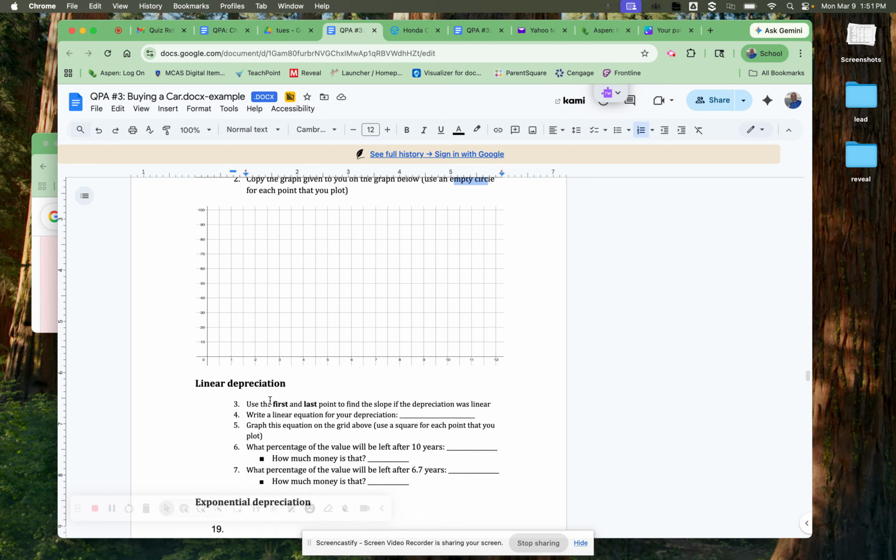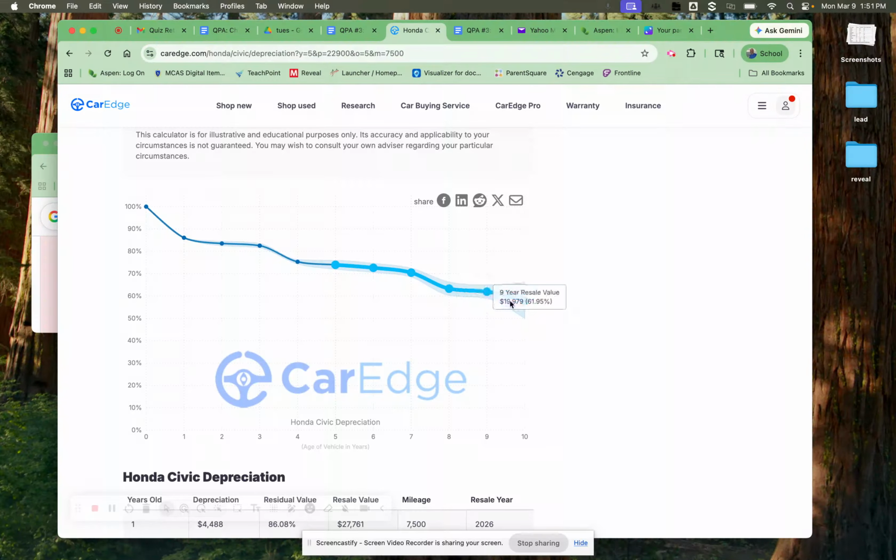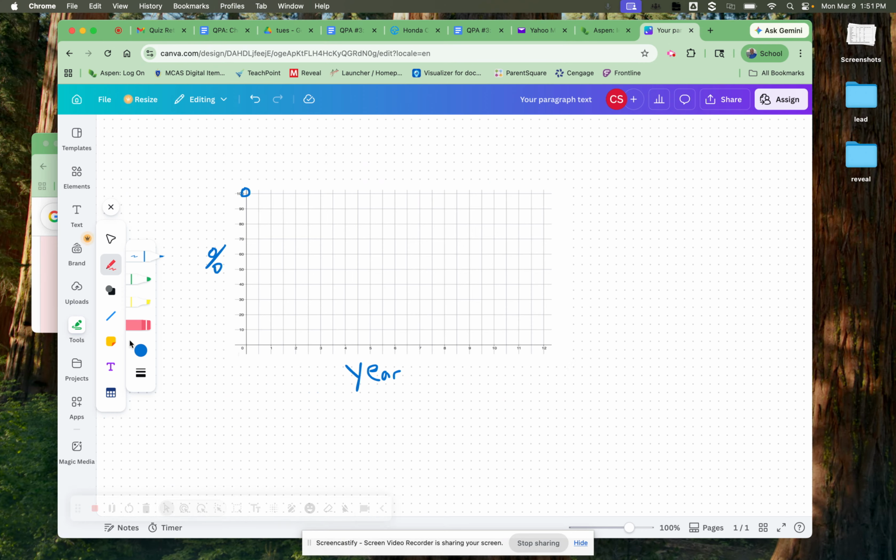Then it says use the first and the last point. The last point right here, you can see is 58%. So I'm going to find 10 years. It's 58%, right about here. I'm going to put an open circle, and then this is going to be my graph.